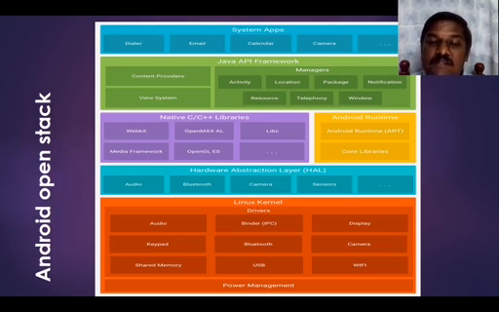After capturing this image or video, the hardware abstraction layer can communicate with the libraries, that is called core libraries, and then it finally is going to save the captured image into a particular location.